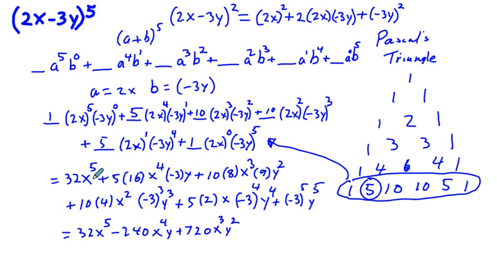Okay, next one we're going to go to is right here. We're going to have a 10. Here we go. 10 times 4, which is going to be 40, times negative 3 to the third power. Okay, negative 3 to the third power, that's going to be negative 27.